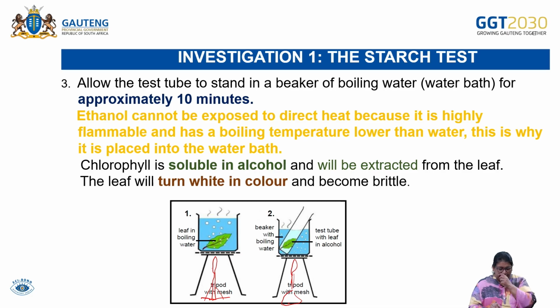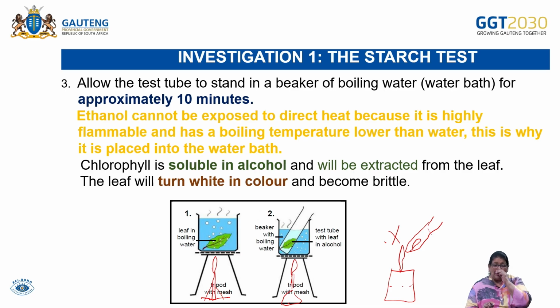So this Bunsen burner is lighting, and you cannot hold the test tube over it. If this is your Bunsen burner, and it's got a flame, and here's your methylated spirit, you cannot put your test tube with your ethanol and the leaf directly like that. That is wrong. It's going to crack the test tube, because ethanol boils faster and it can squirt into your face.